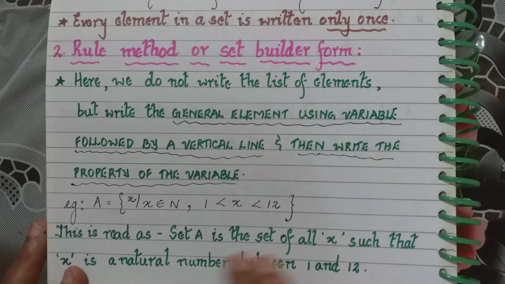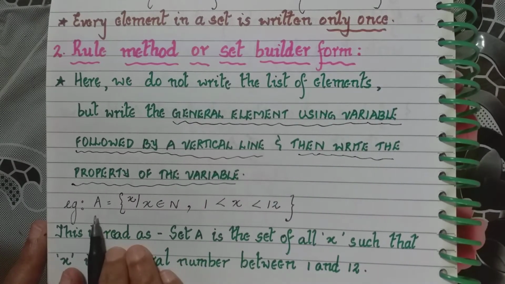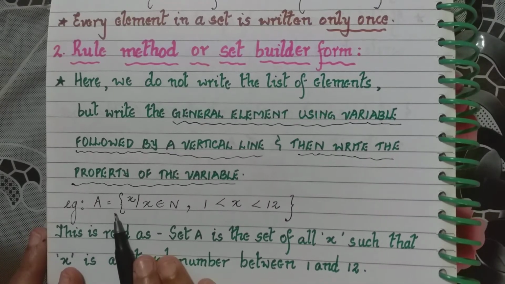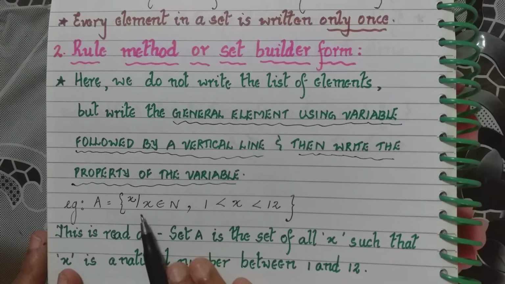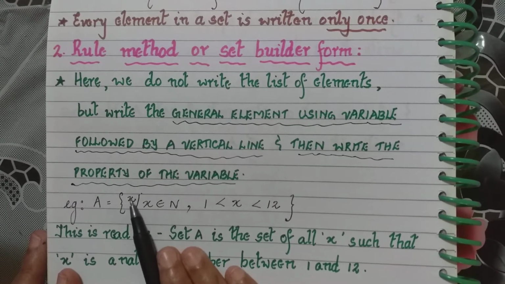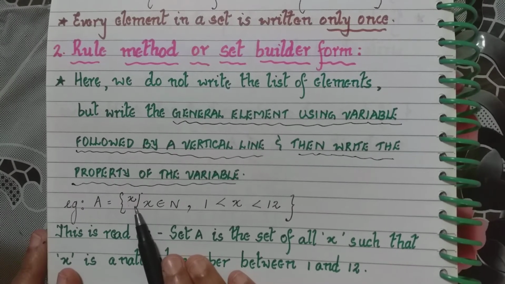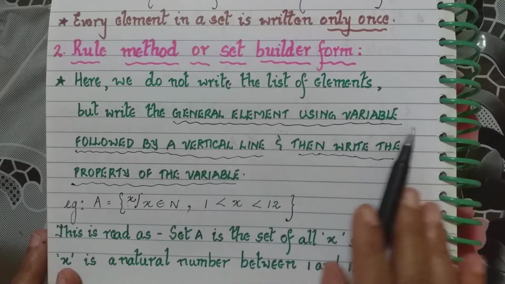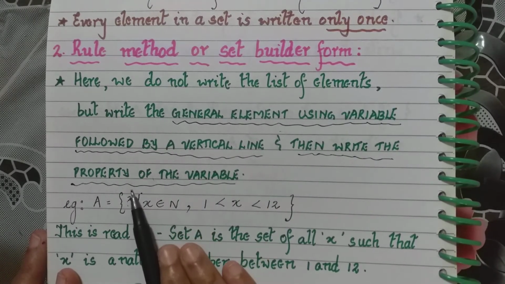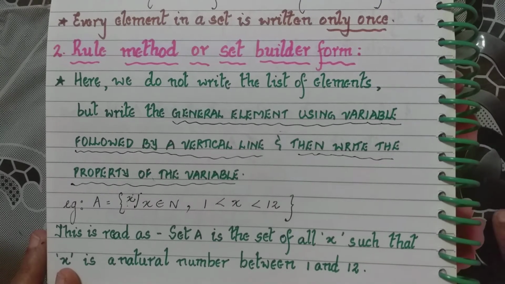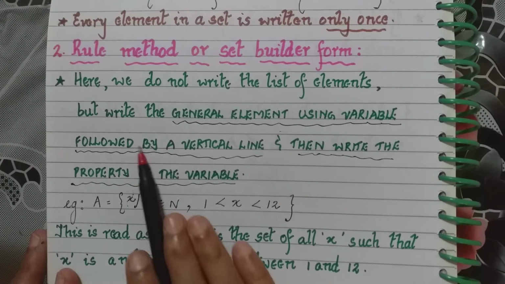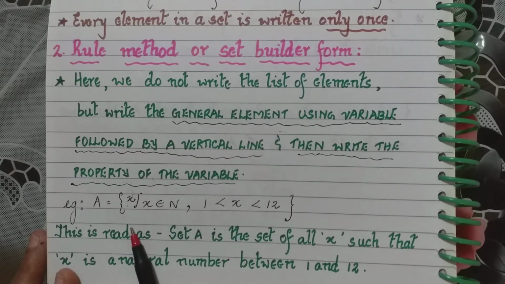Let us see how it is written here. Let us talk about a set A. The set A includes all x. Okay, why is it written x here? They said you have to take general element using a variable. So I have taken the variable here as x. So general element using a variable followed by a vertical line.